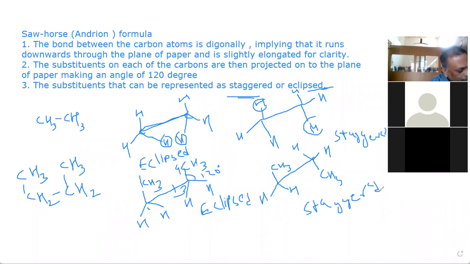Staggered conformation. Now the next projection, Newman projection formula.